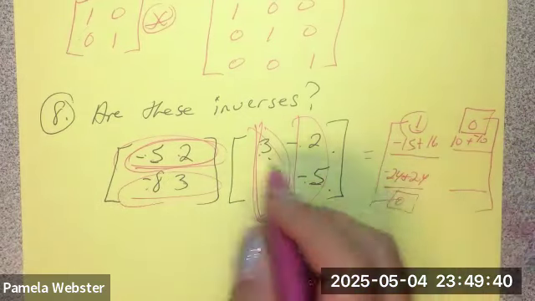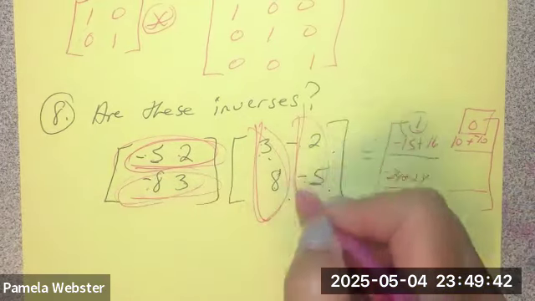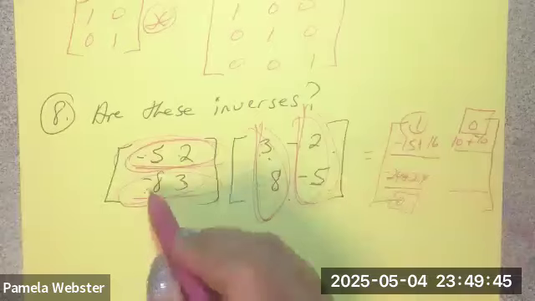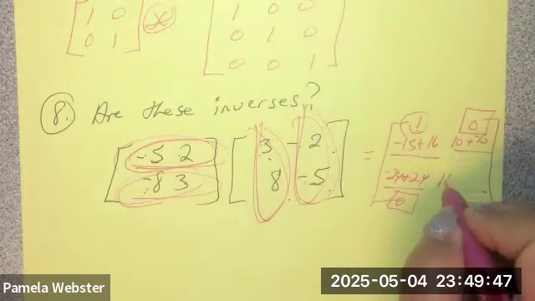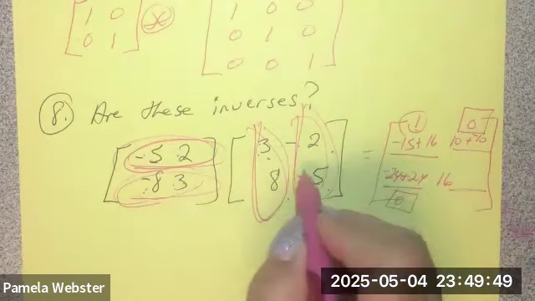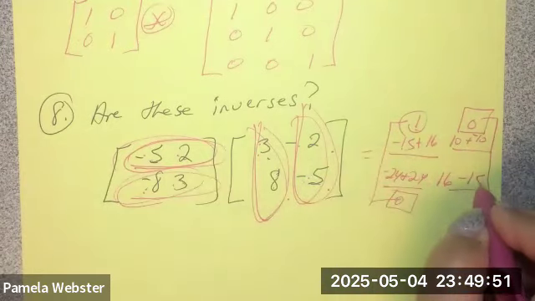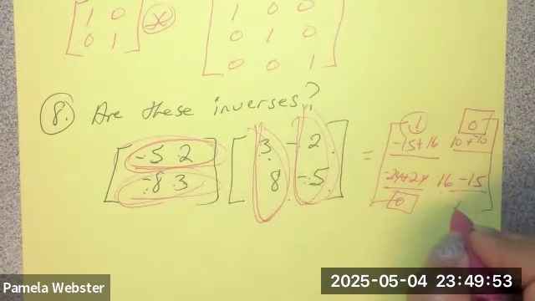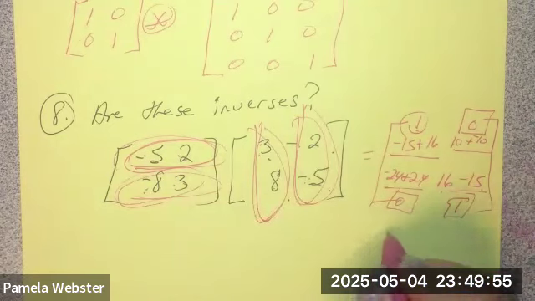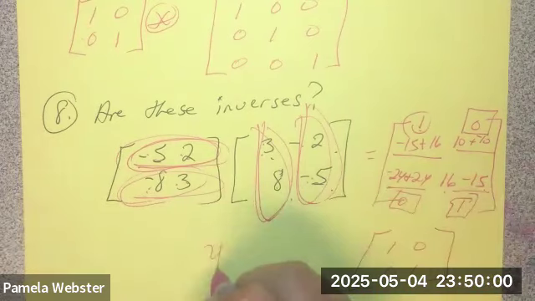Hey, look, that's a 0. And second row times second column. -8 times -2 is a +16. 3 times -5 is a -15. 16 minus 15 is a 1. So look at that. I got 1, 0, 0, 1. So yes, they are inverses.